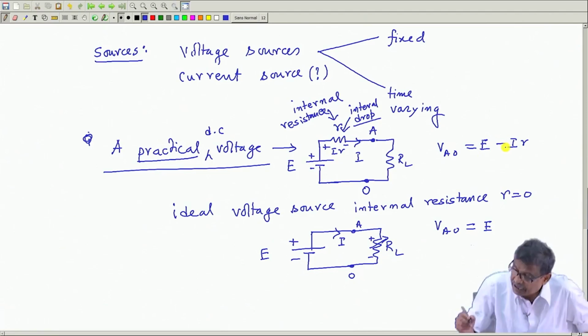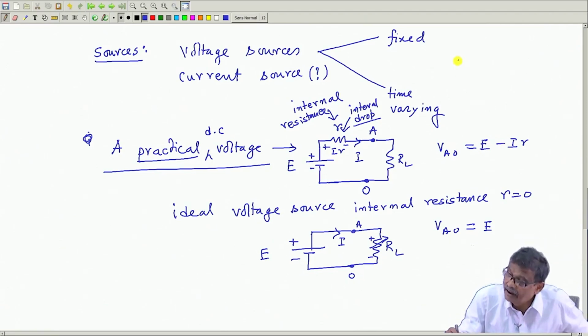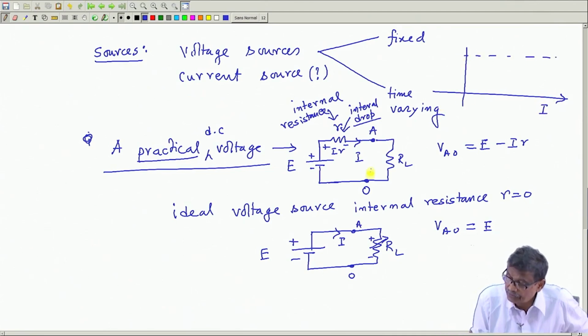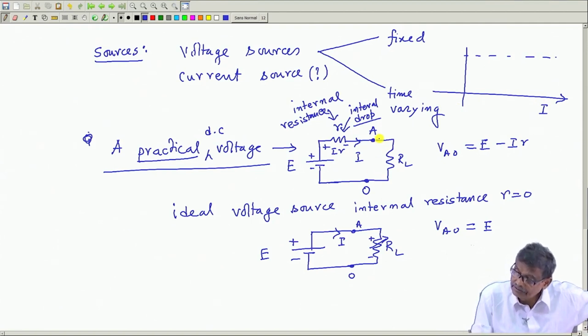Therefore, if you draw the characteristics of an ideal voltage source against current, when I is 0, when I is 0 means when this RL is disconnected. Suppose imagine there is a switch, it is open circuited.